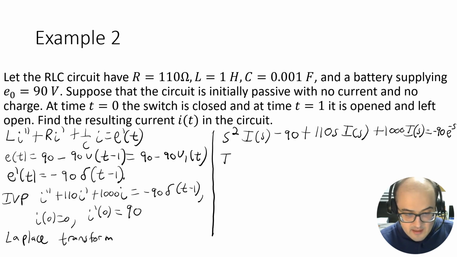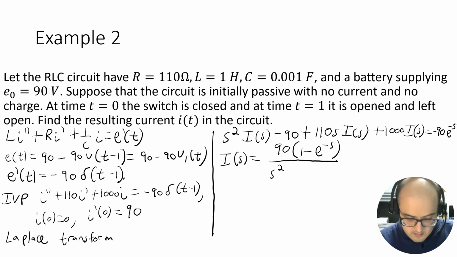So from this, I of s would just be equal to this function here: 90 times 1 minus e to the negative s, divided by s squared plus 110s plus 1000.